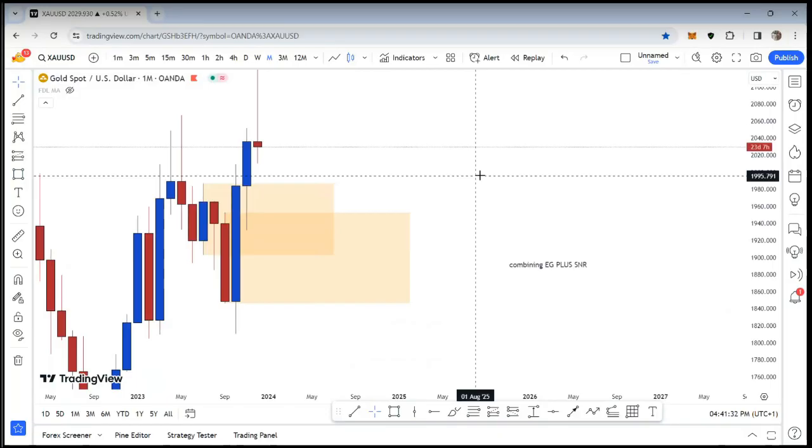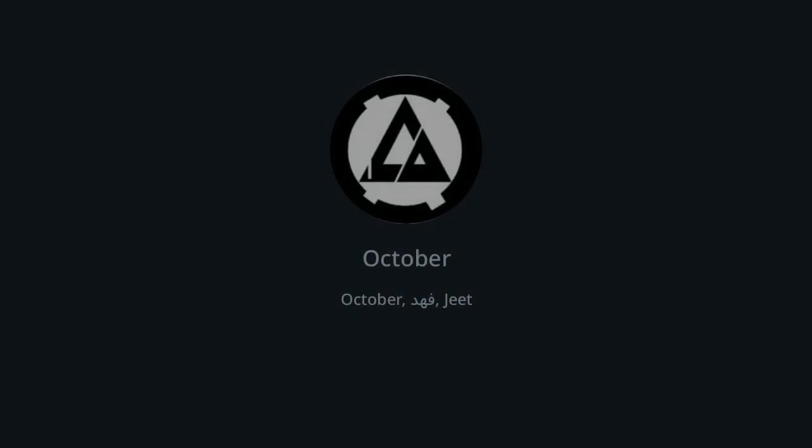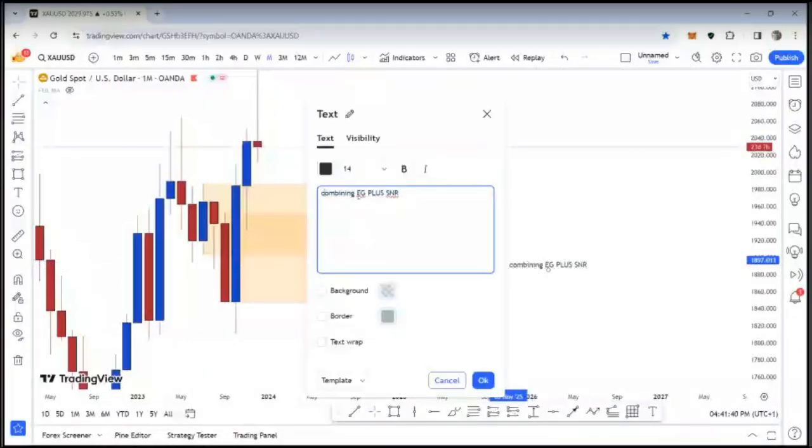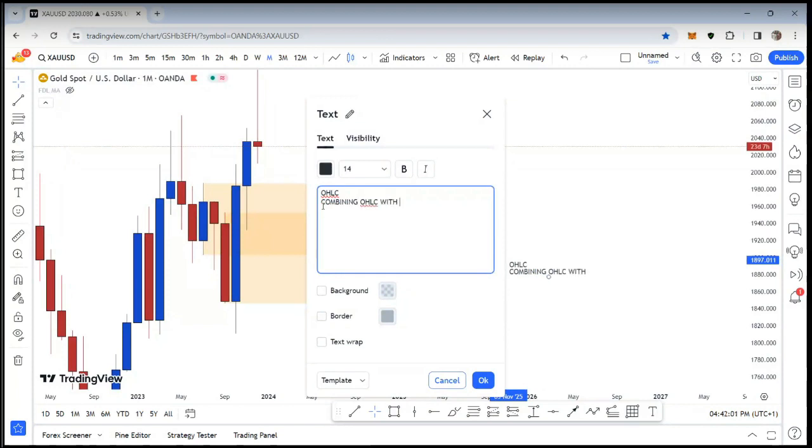So today we're going to talk about OHLC first, and then combining it with engulfing, which, to me, OHLC is more or less like SNR.